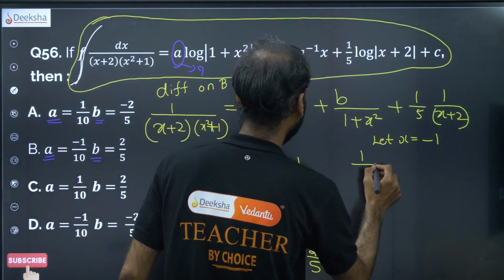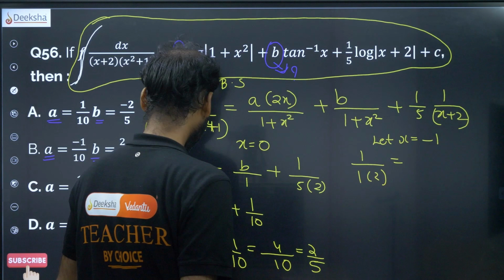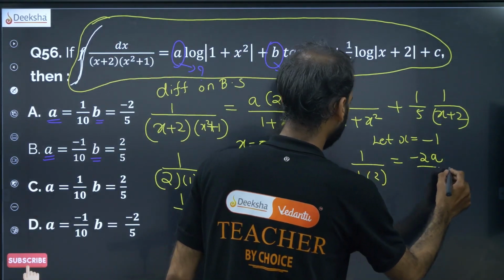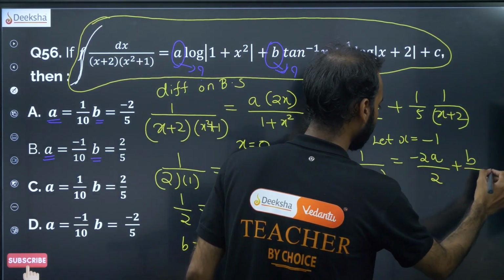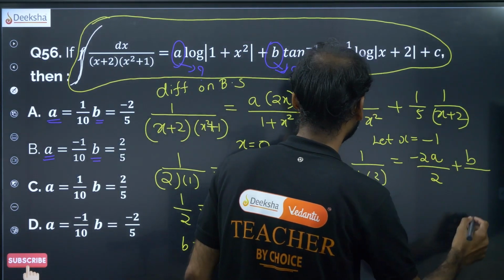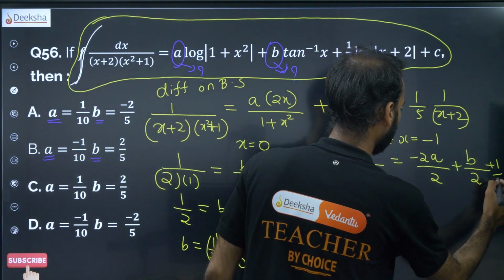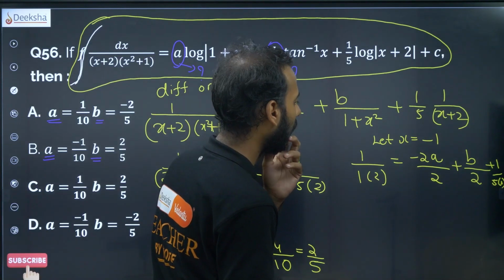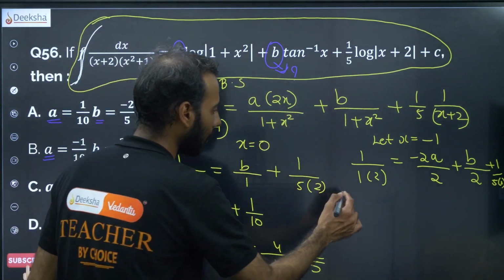Substituting minus 1 in place of x, and x plus 2 becomes 2 minus 1, that substitution I am doing.